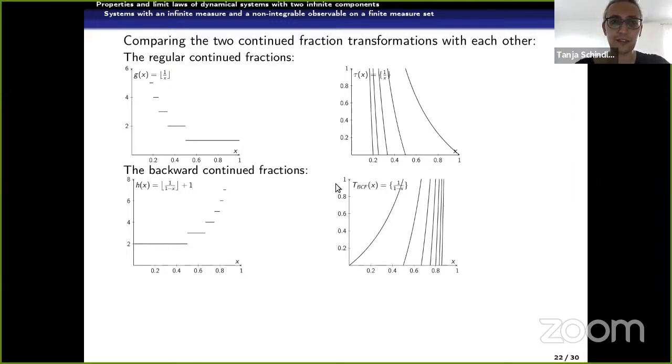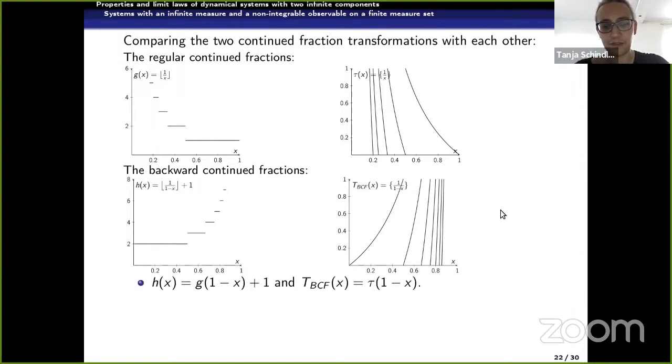So if we look at the regular continued fraction and the backward continued fraction, we see that the transformation is just mirrored at 1/2, and the observable is more or less also just mirrored, but for some technical reason, it has to be shifted 1 up.